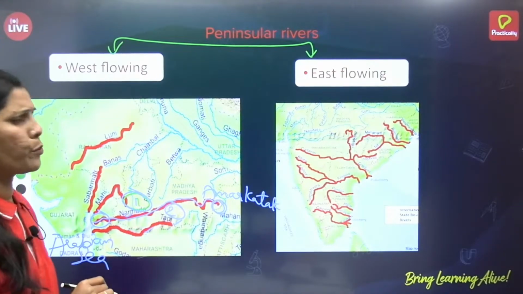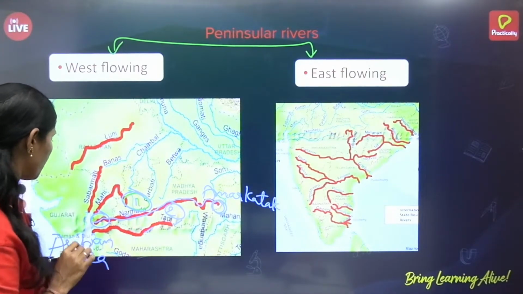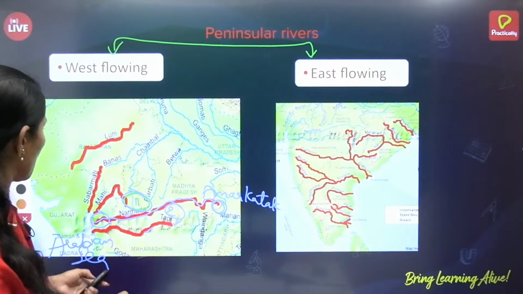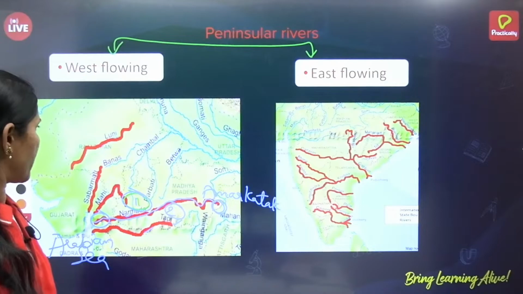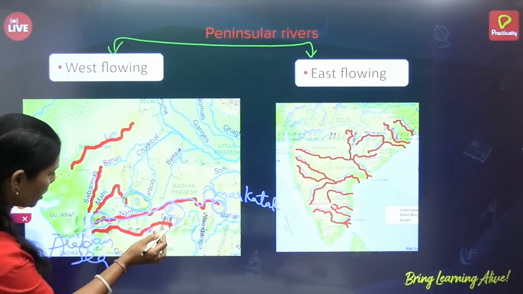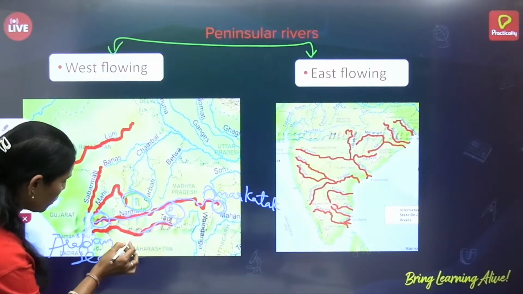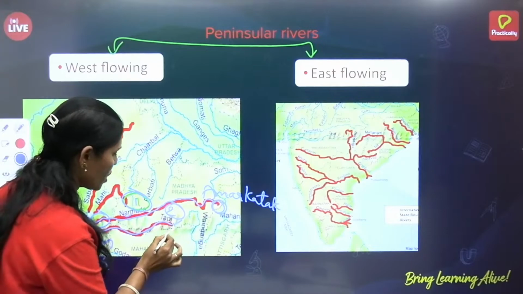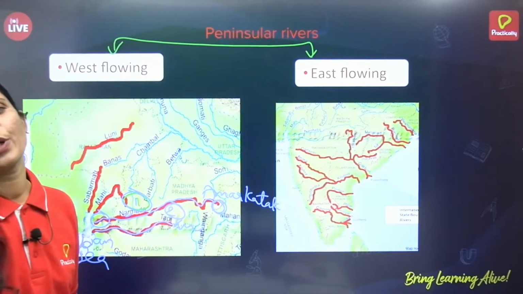There are a few small streams that also join Narmada, but they are not important for examination. Next, Tapti. Tapti also flows parallel to the Narmada, and its origin is in the Satpura ranges.